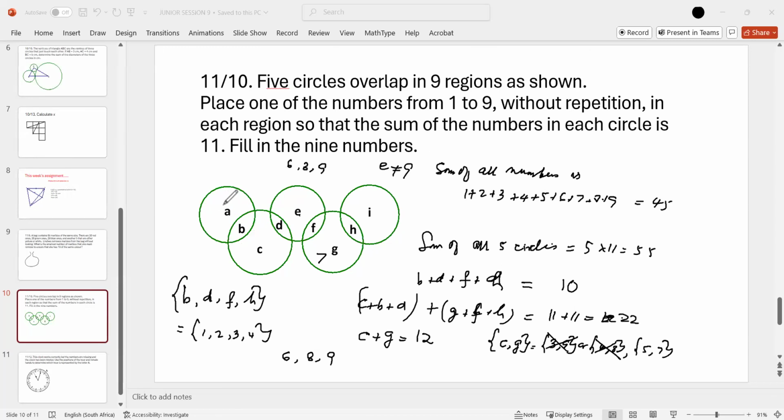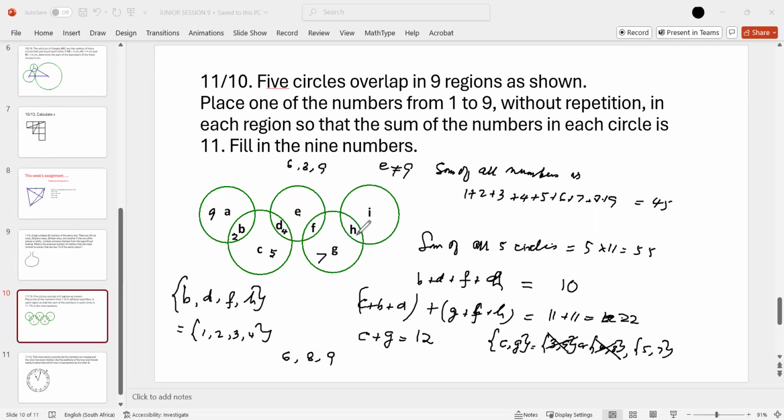So suppose 9 is here, and therefore this is 2 here. And we have 5 and 7. So we said if this is 5, 5 plus 2 is 7, that is 4, right? And then you've got 7 here. These 2 add up to 4, so it has to be 1 and 3.